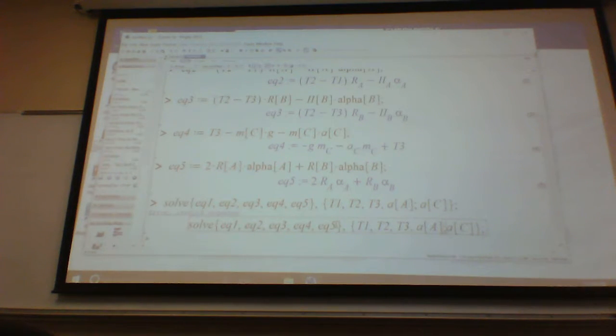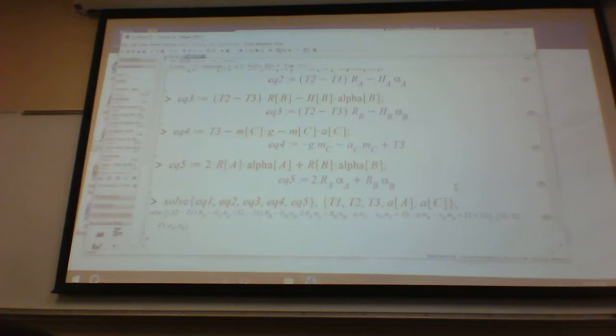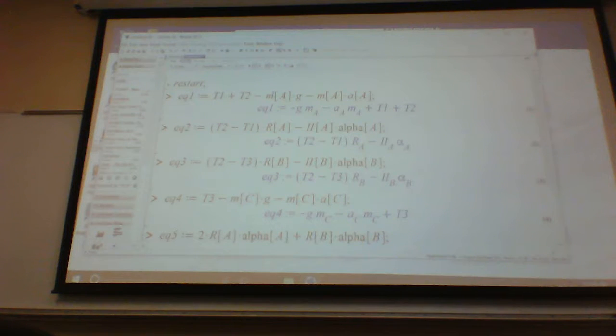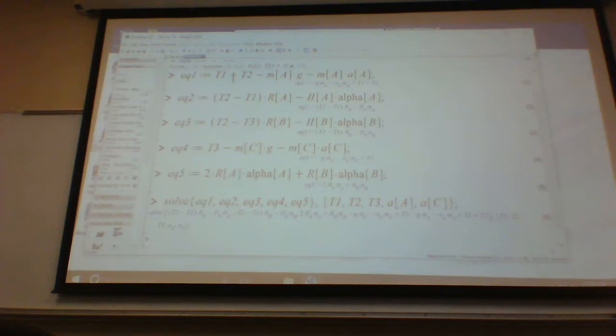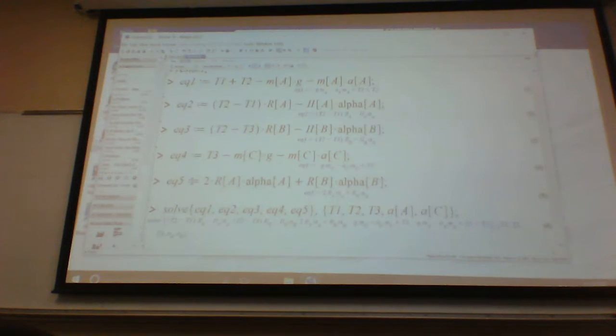So what did I do here? Oh, I think I know what the mistake is. I think here's the comma. I didn't do anything. Let's see what happens. Okay, so let's see. Is that the right sequence to solve? I'm pretty sure it's not.